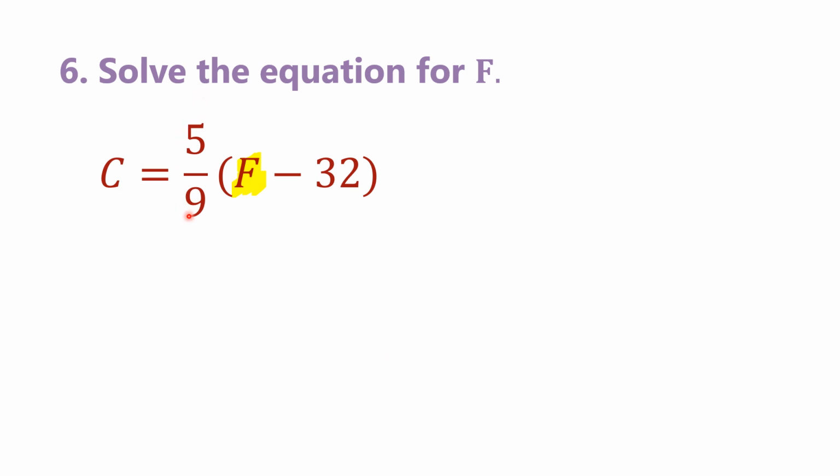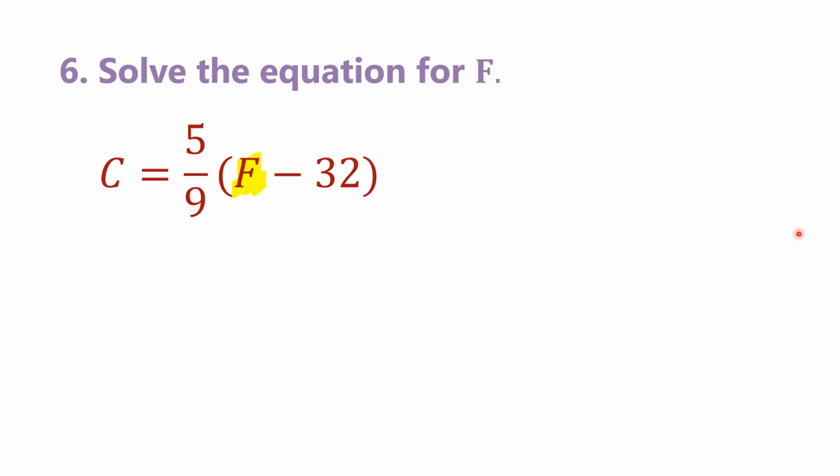The barrier right now is this 5 over 9 in the front. Right, so how do we get rid of 5 over 9? How can we move it to the other side so that we can get F by itself? What could we do to get rid of 5 over 9?